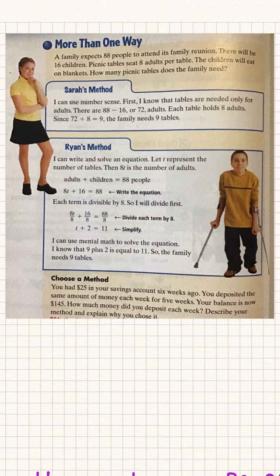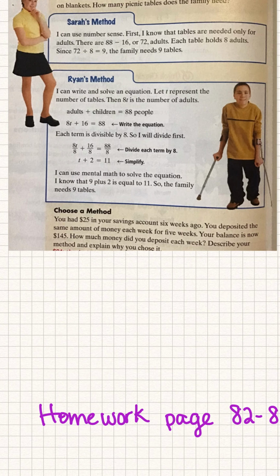Ryan, however, he says, I can write and solve an equation. Let T represent the number of tables. Then 8T is the number of adults. Adults plus children equal 88. So 8T plus 16 equals 88.